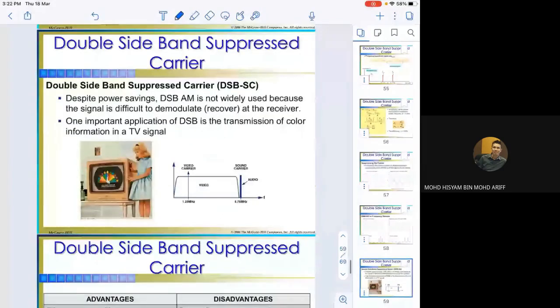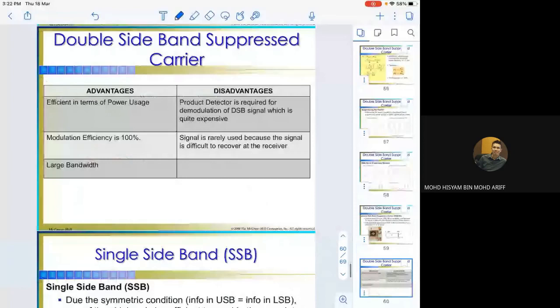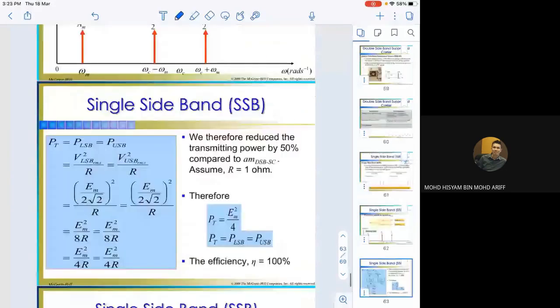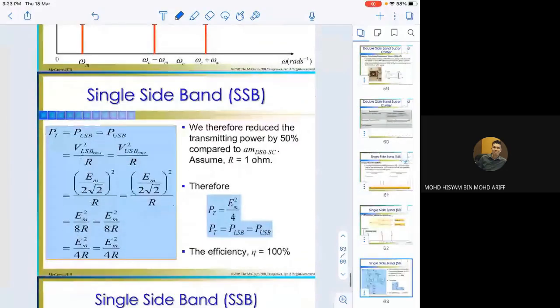Okay, single sideband. Actually, we start here. As I mentioned before, with single sideband we have two: single sideband full carrier and single sideband suppressed carrier. Now let's see.